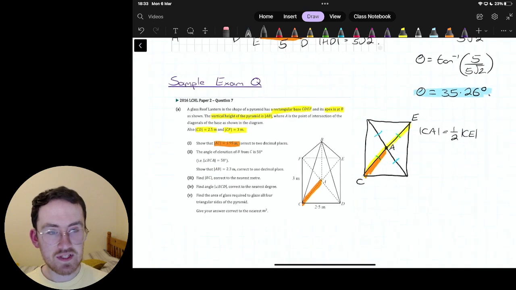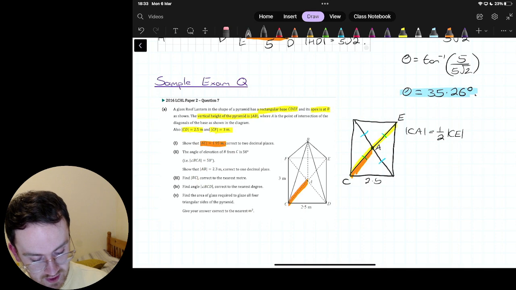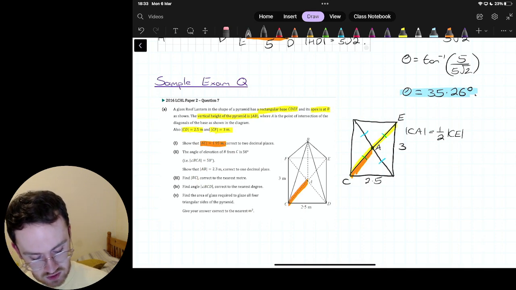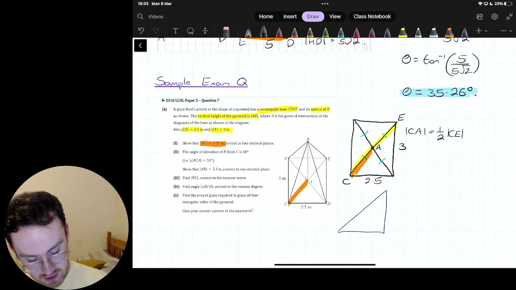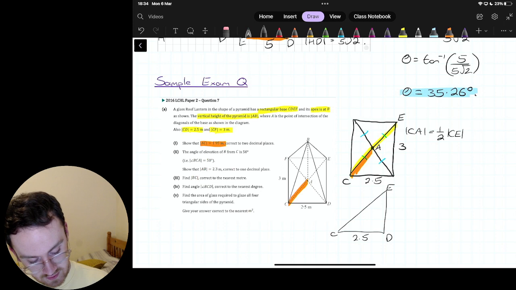So if I can find out what CE is, I can then find out what CA or AC is. We know that this is 2.5 and we know that this is 3 from the question. So taking that triangle, if I was to draw that out, CED is 2.5 and 3.